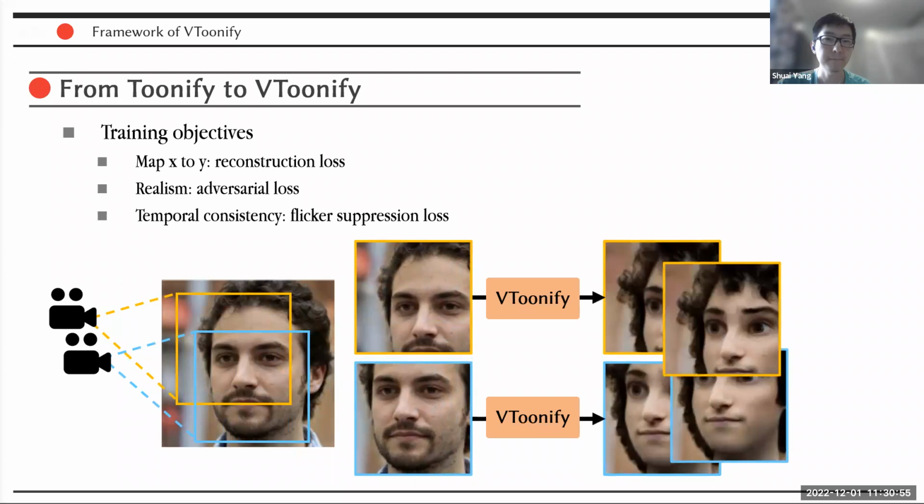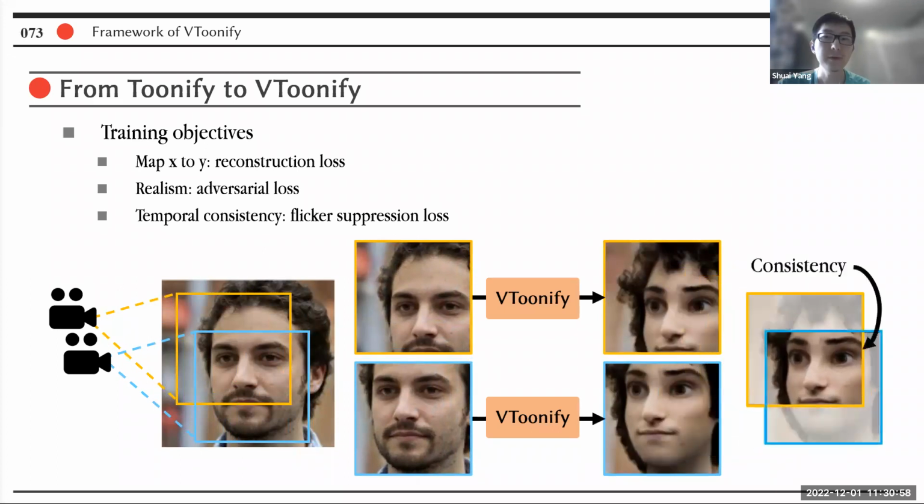Correspondingly, we would like the overlapped region of their stylized results to be the same. Here, it leads to our flicker suppression loss. These three losses are our final training objectives.